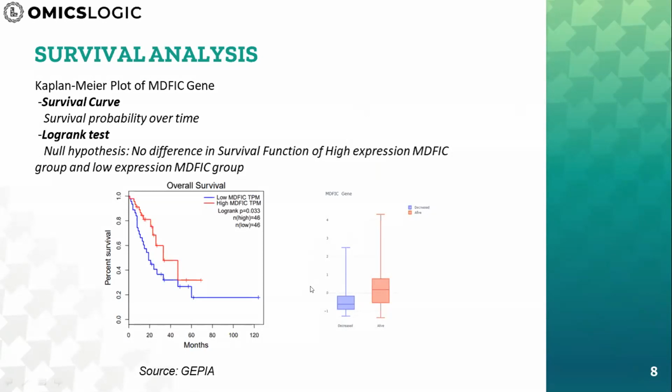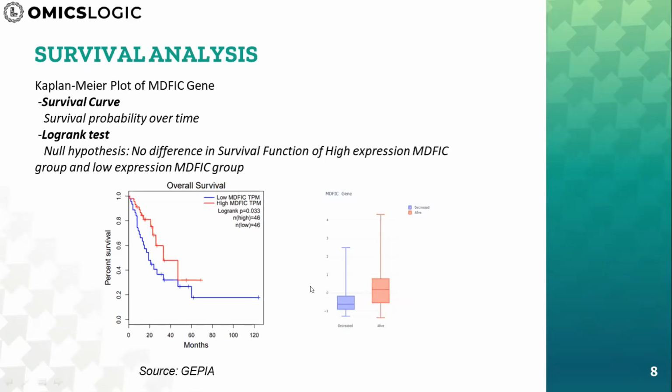It is clearly evident that the MDF1C gene was downregulated in the deceased group when compared with the alive group. Based on that, I've plotted a Kaplan-Meier plot. The Kaplan-Meier plot is basically a non-parametric test used to estimate the survival function, and this statistical analysis is usually done for survival analysis.